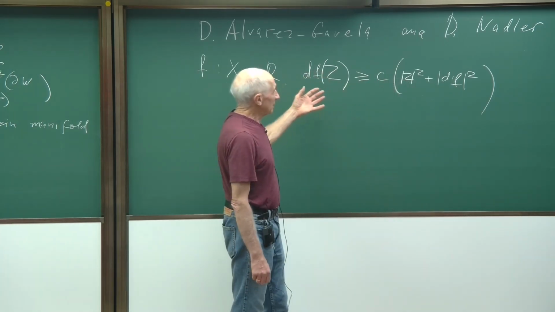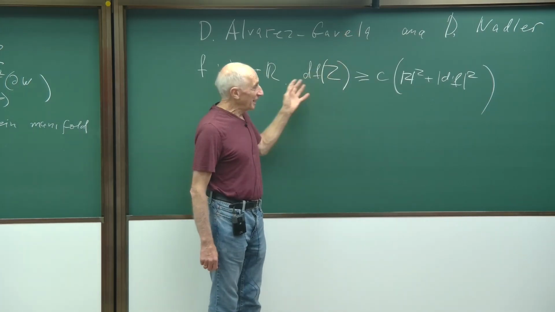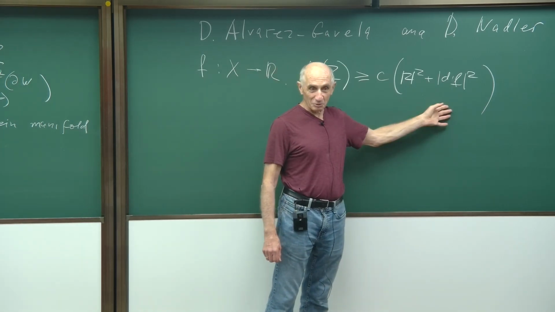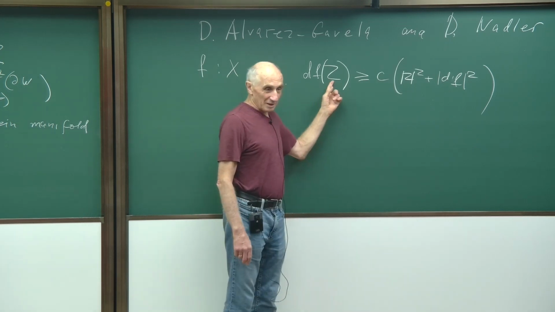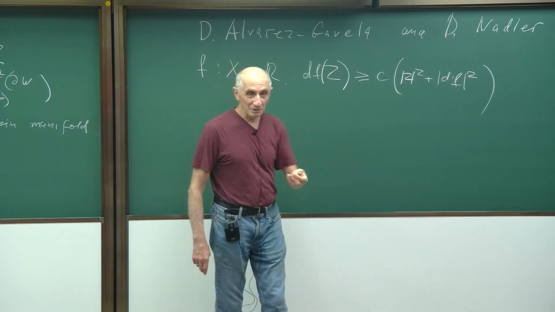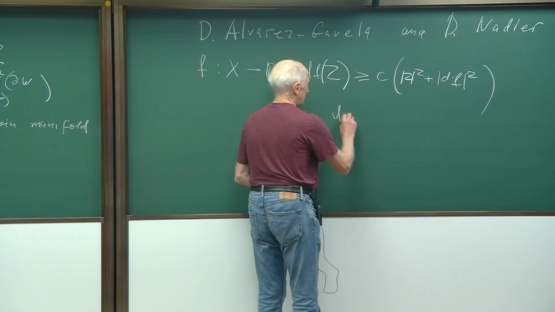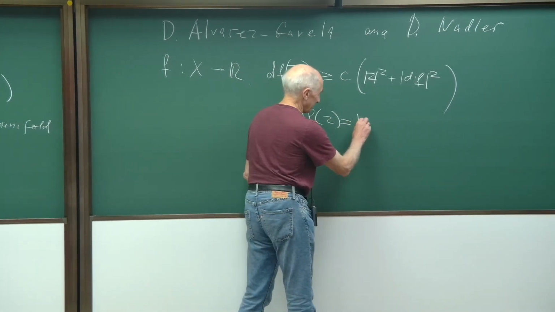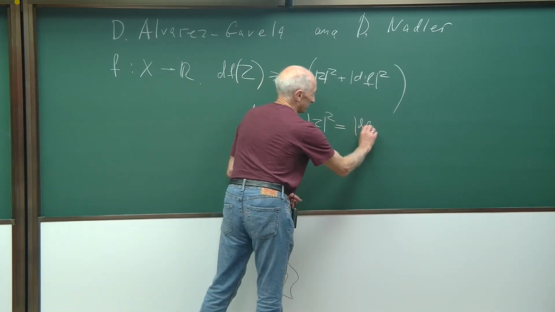So notice that if you have an actual metric, and this is an actual gradient, then this is of course automatically true. Because if, for instance, z is a gradient of function f, then df of z is just equal to both |z| squared and it is equal to |df| squared.